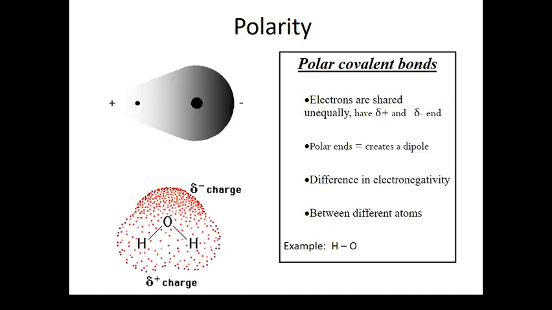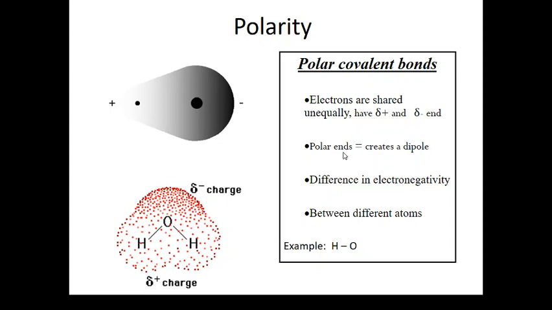Opposite of nonpolar covalent bonds are polar covalent bonds. Polar covalent bonds are when electrons are shared unequally, so we actually have a difference in electronegativity. Based off that difference, we now have a slightly positive and a slightly negative end of our bond. These two symbols here represent slightly positive and slightly negative.